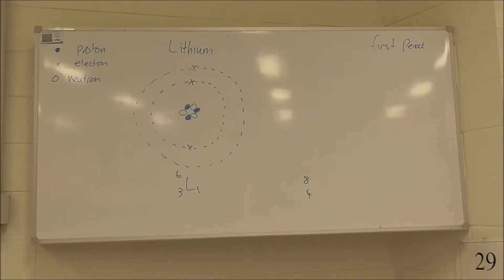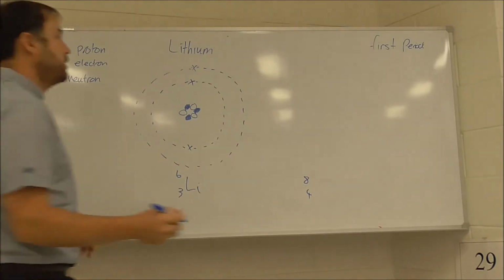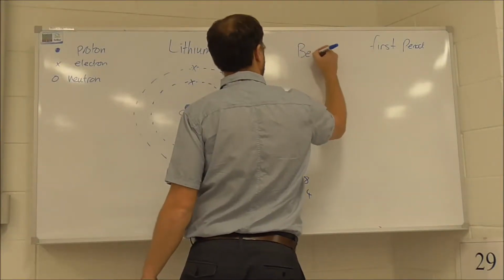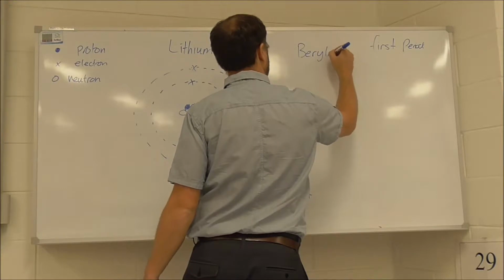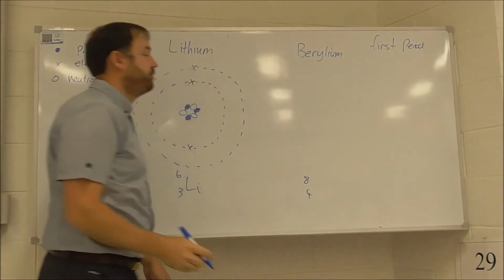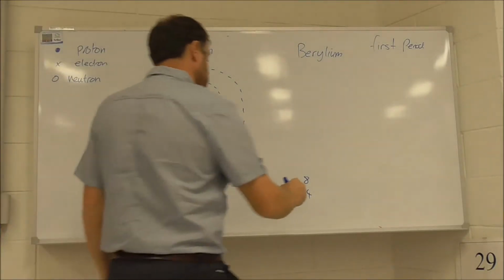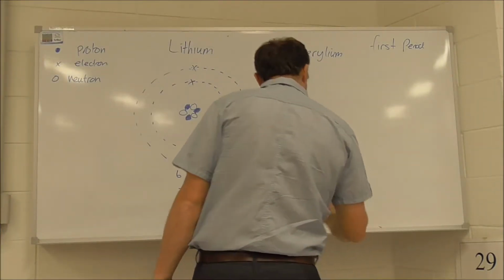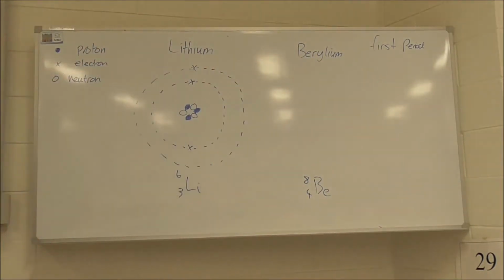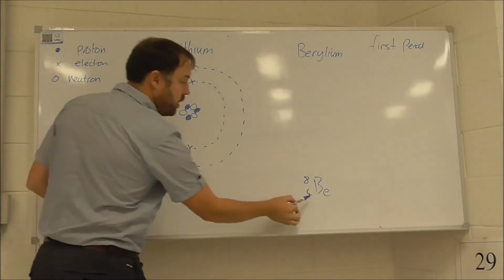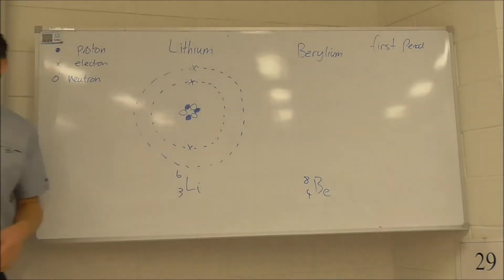Anybody? Beryllium. Okay, so beryllium, and it has a symbol Be. So we can identify the atomic species simply by looking at the number of protons we have in a nucleus.